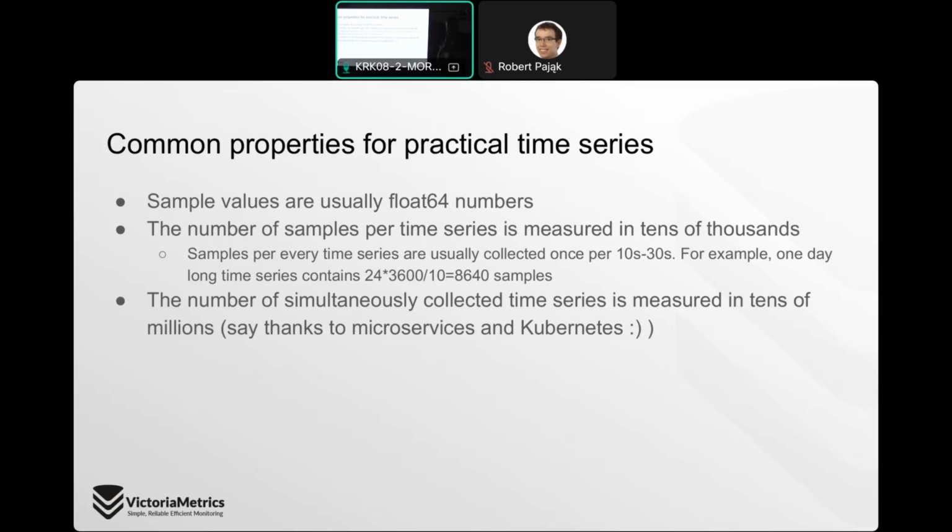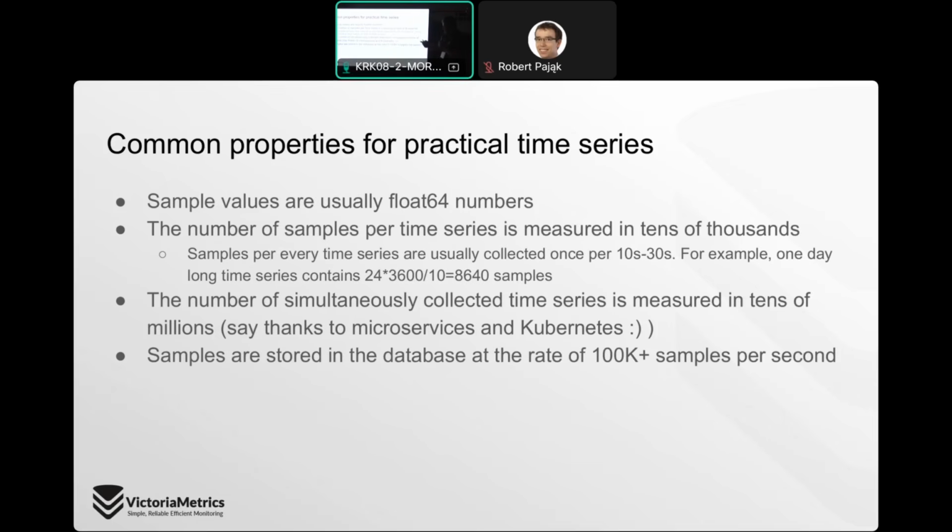And usually the number of simultaneously calculated time series in practice is measured in hundreds of thousands or millions, in tens of millions if you use microservices and Kubernetes. Say thanks to these technologies. They increase the number of active time series significantly.